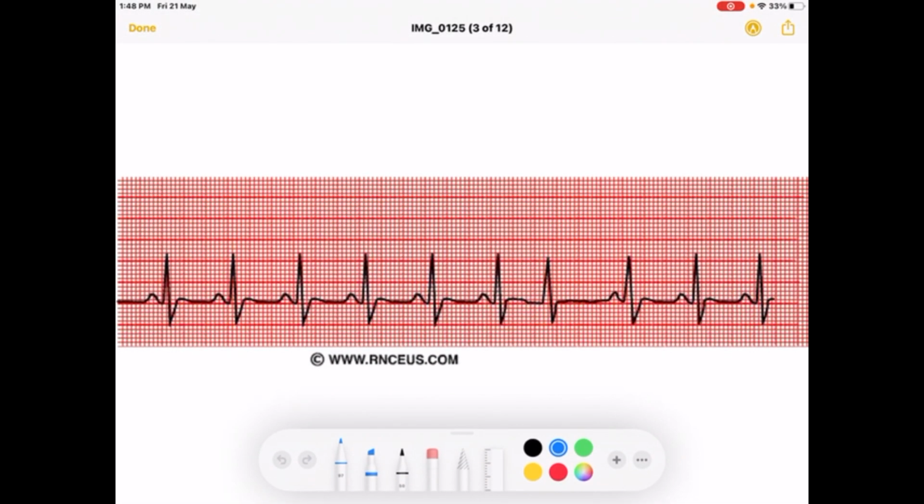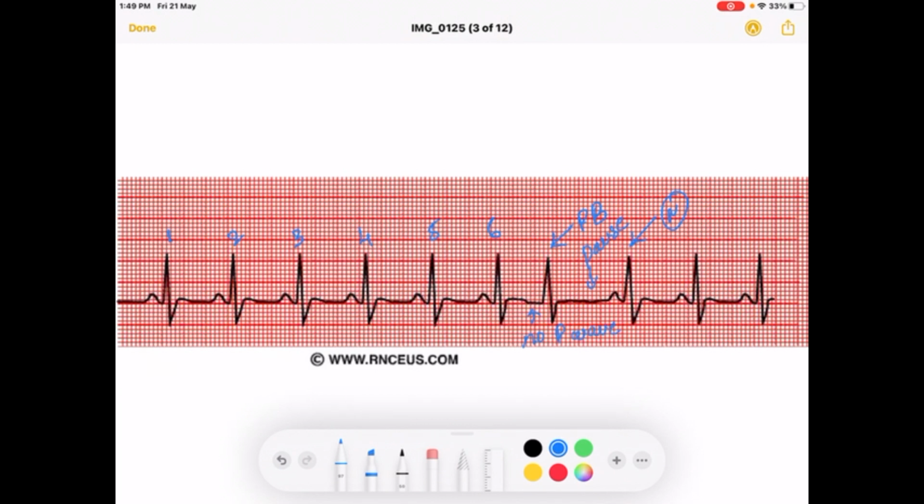Here again, this is 1, 2, 3, 4, 5, 6. Now here there is a premature beat with a normal beat established again, and there is a pause. If you see the premature beat, there is no P wave.